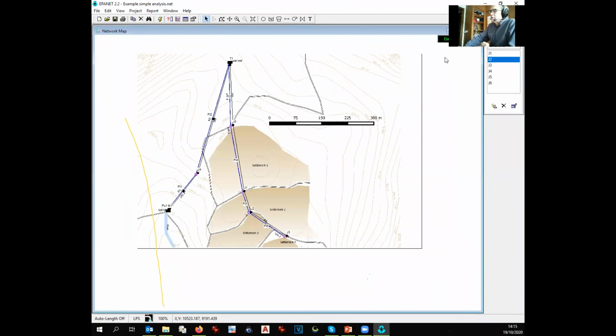Okay, but again, I repeat, it is not a real simulation. This is just to check if the system is well connected and if we didn't make any big mistake on the drawing.